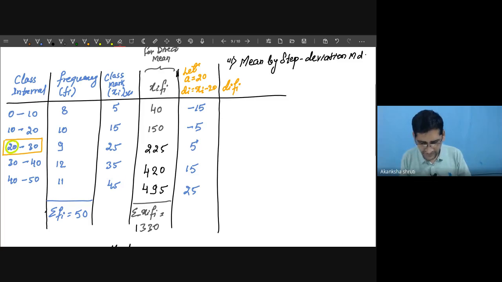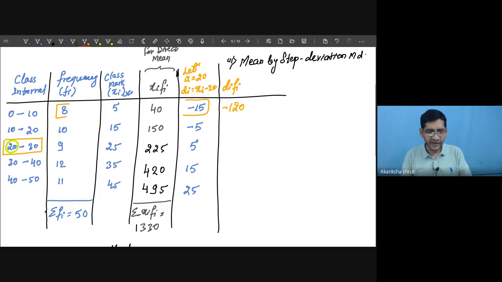Be careful in calculating this di fi. Our di is minus 15 and fi is 8. So minus 15 into 8 you need to do. 15 eights are 120. But since it is negative, we shall write minus 120.